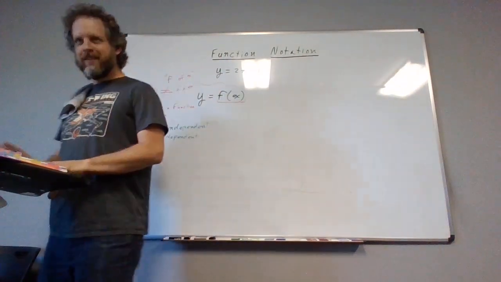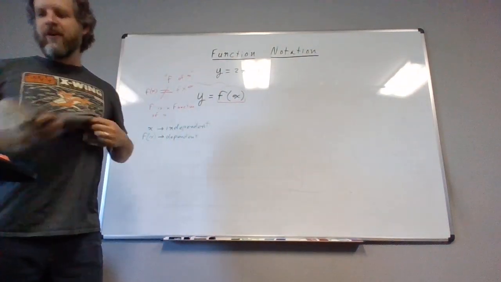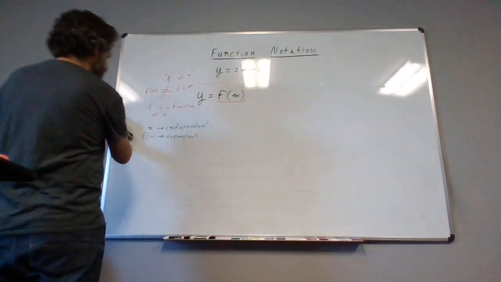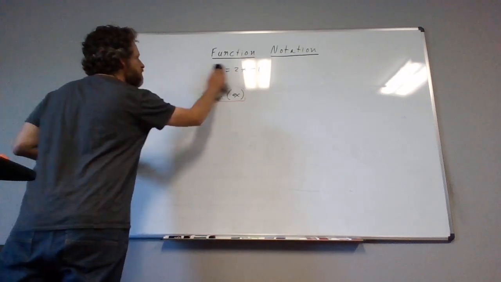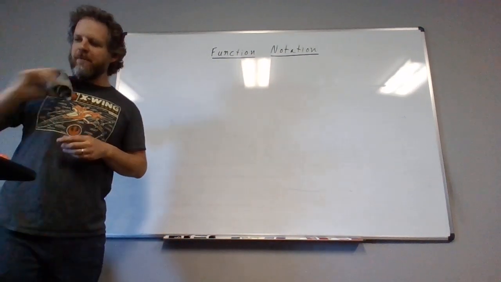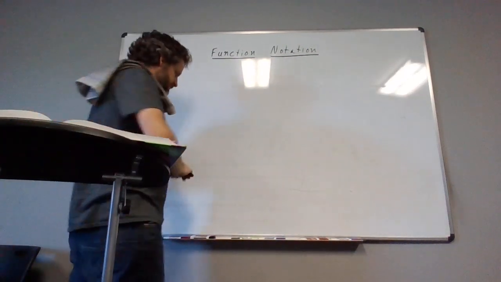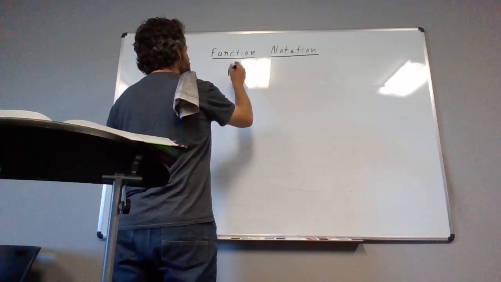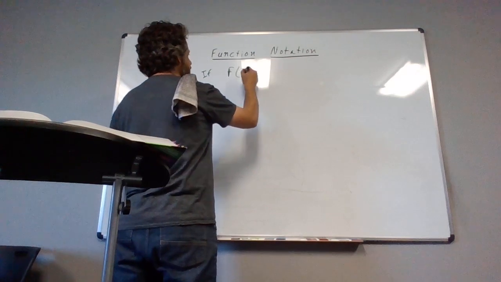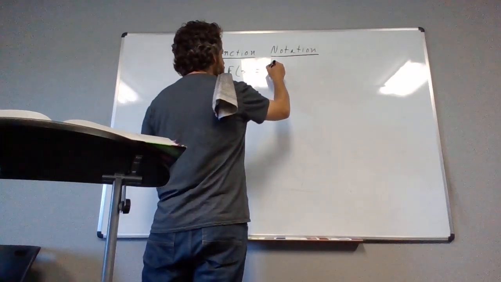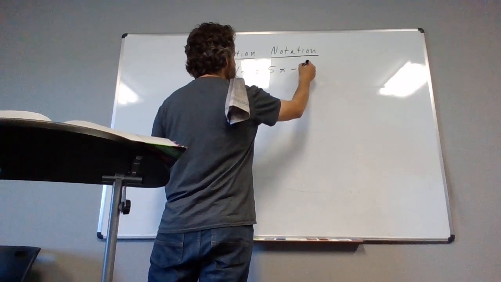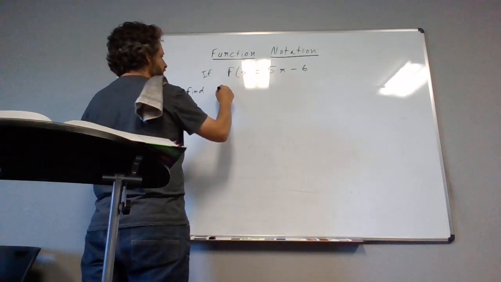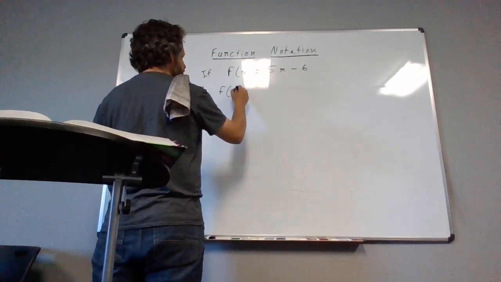Making sense so far? Nothing too tricky. So let me show you how we're going to use this notation in problems today. We might have a problem that looks something like this: if f of x equals 5x minus 6, find f of negative 2.